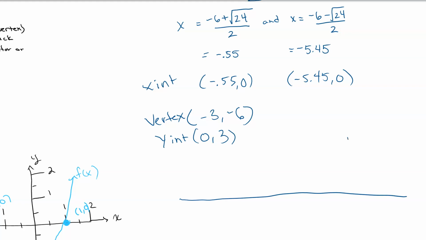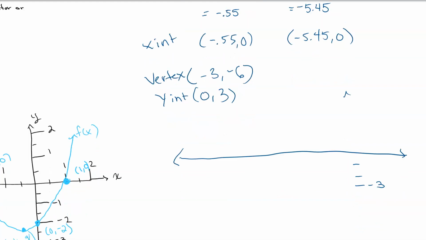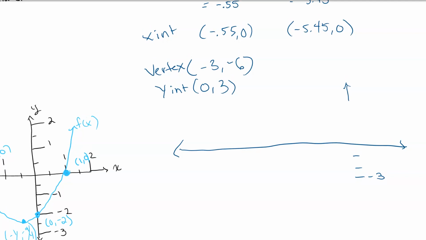Since my coordinates are negative, I'm going to go by halves on my negative side and ones on my vertical. Our lowest point is negative 6. And then my furthest point is negative 5.45. So I need to get to that.